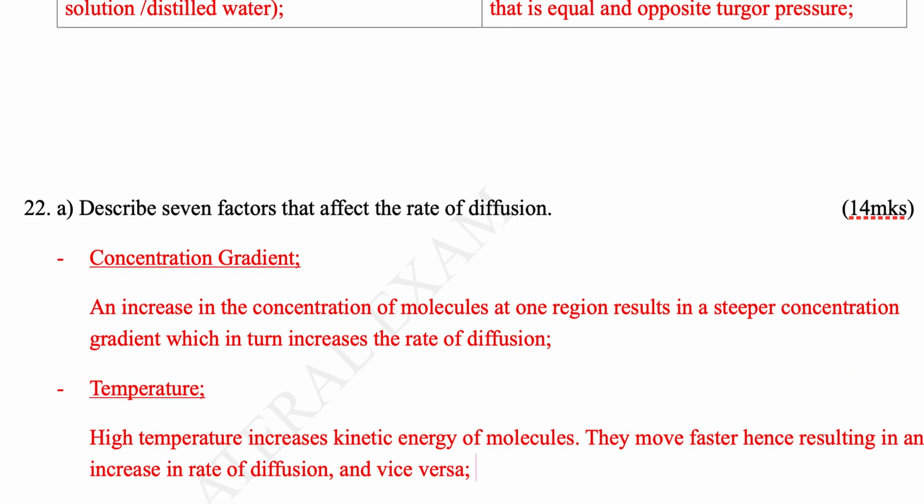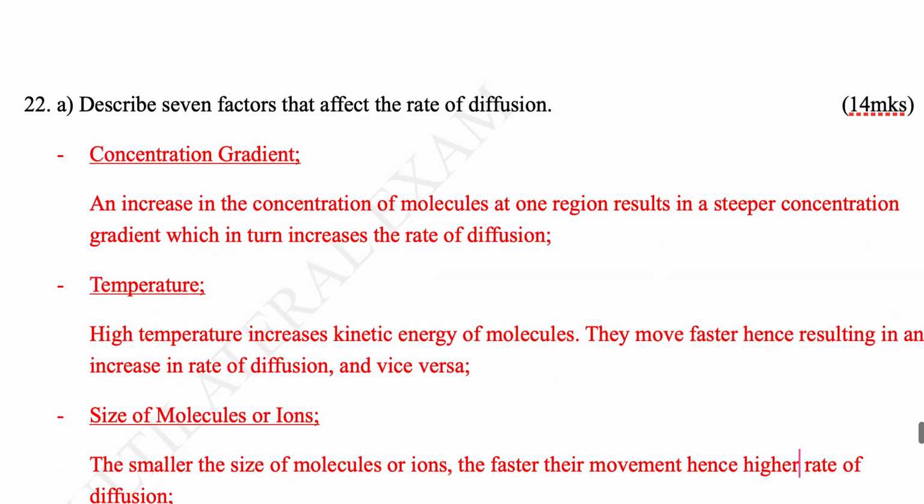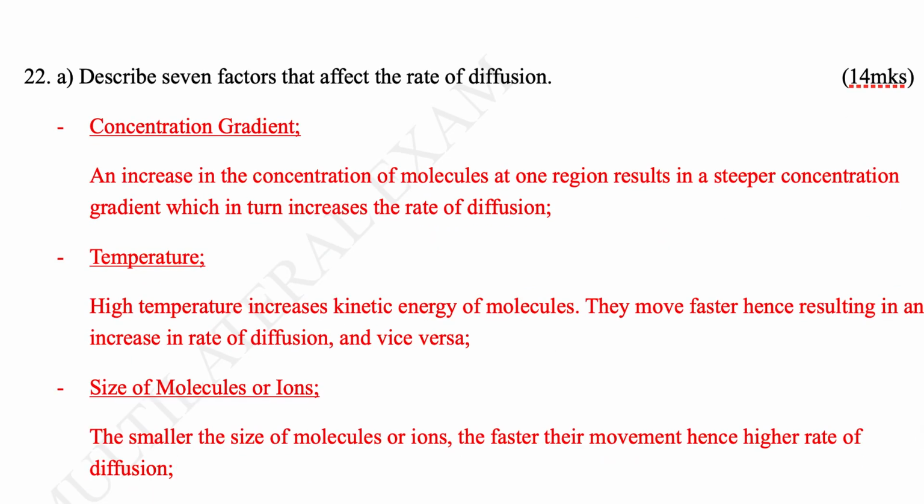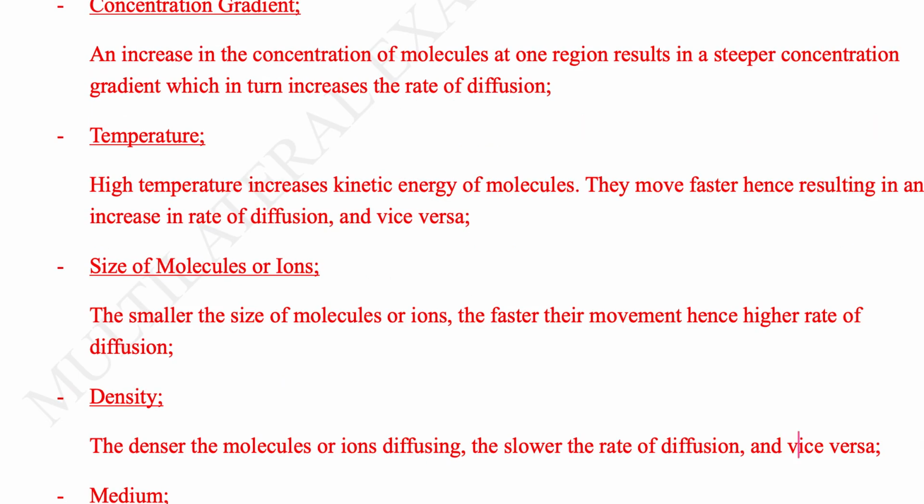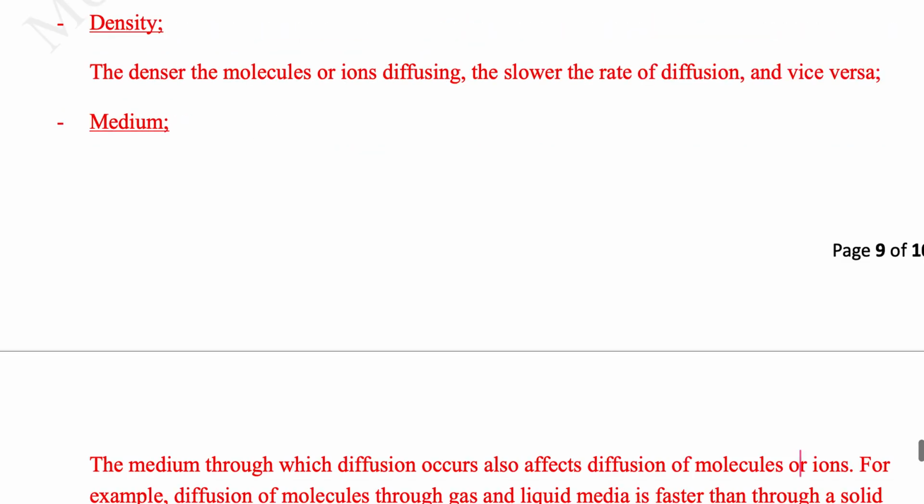Temperature: high temperature increases the kinetic energy of molecules, that is, they move faster, resulting in an increase in rate of diffusion and vice versa. Size of molecules or ions: the smaller the size, the faster their movement, hence a higher rate of diffusion. Density: the denser the molecules or ions diffusing, the slower the rate of diffusion and vice versa.